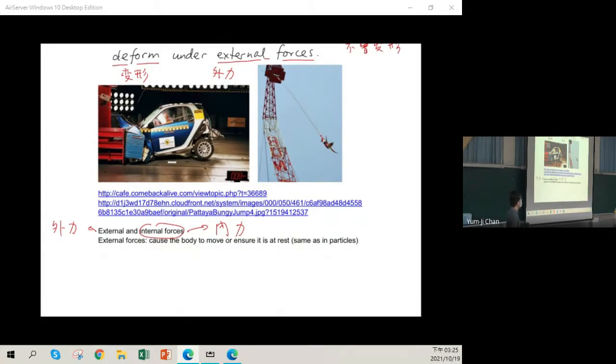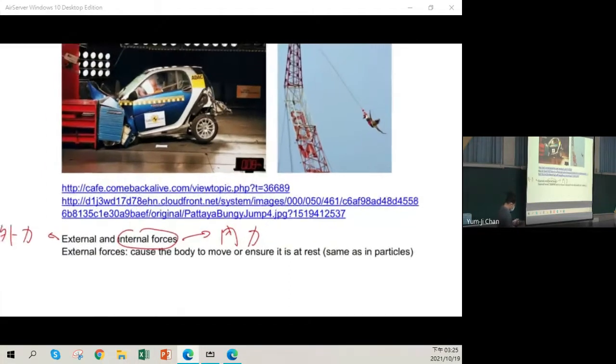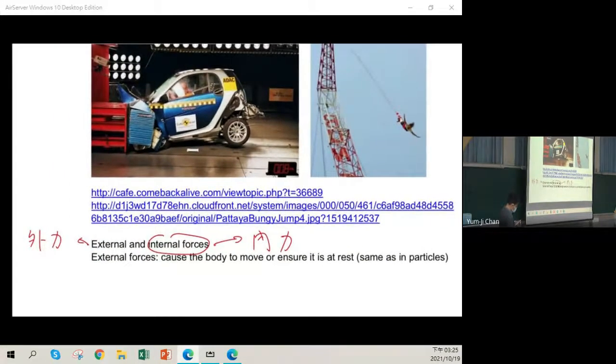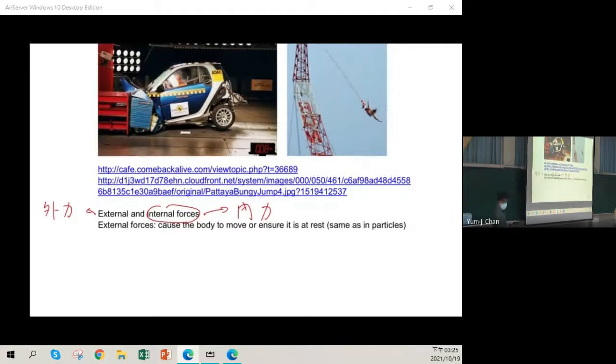And external forces are the forces which cause the body to move or make it at rest.